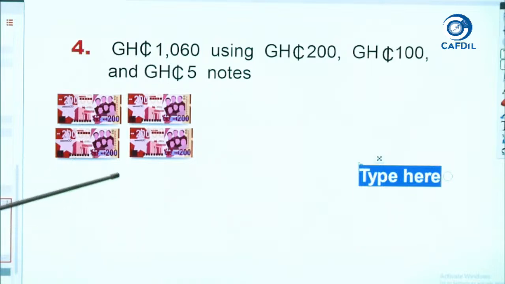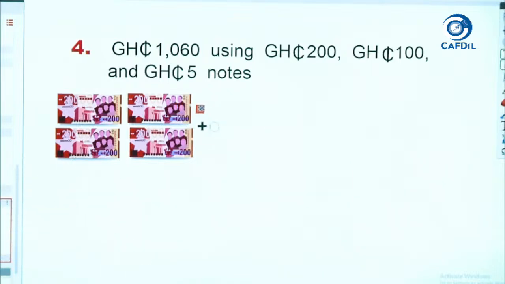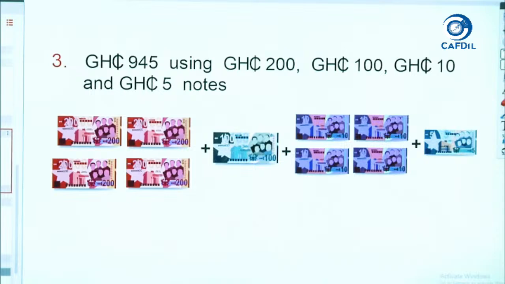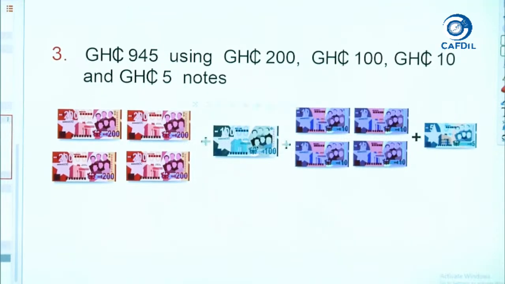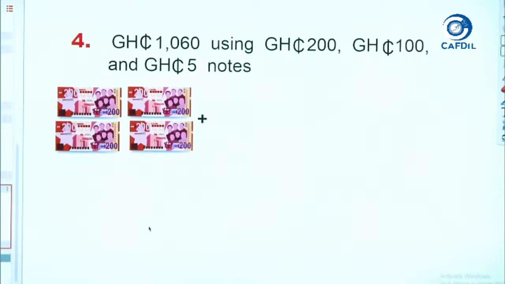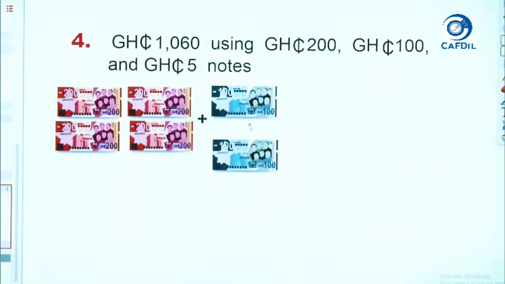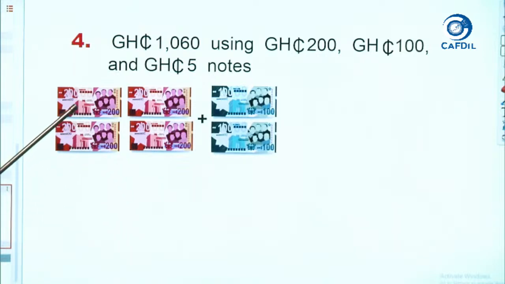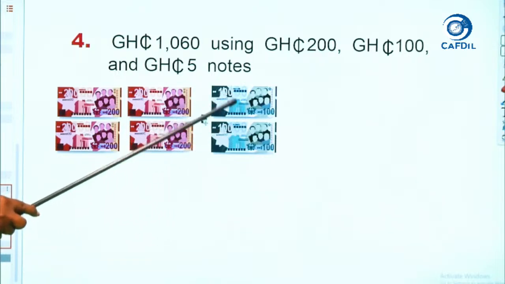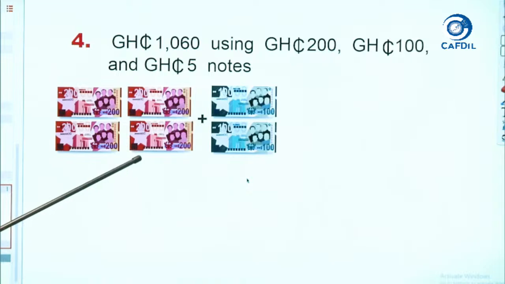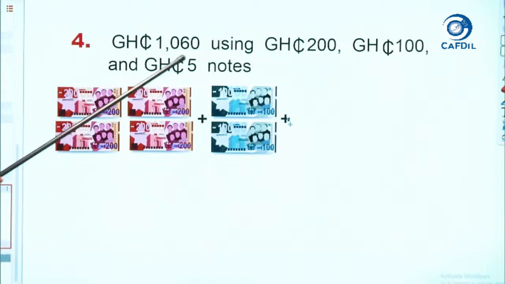If this is 800, we can use 2 of the 100 cedis notes. So 4 of these 200 notes, making 800, plus 2 of the 100 cedis, which is 200. When we add it, we're going to have 1,000 cedis. We are left with the 60 cedis.